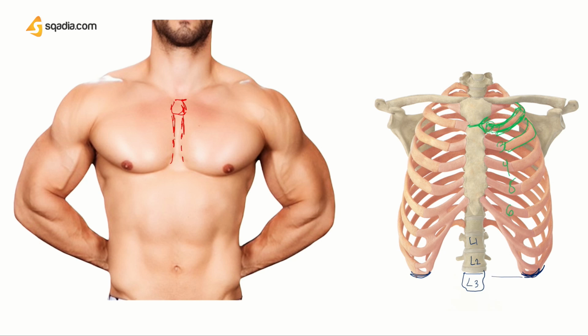So that's the level. And the 11th and the 12th rib do not join anteriorly like the rest of the ribs, confined to the back. So you can see from in here, this is the 11th rib, this is the 12th rib. And you'd see that right over here.